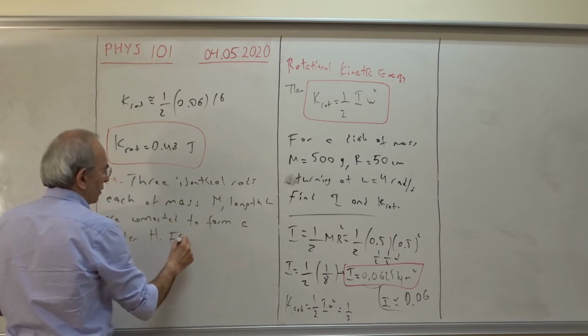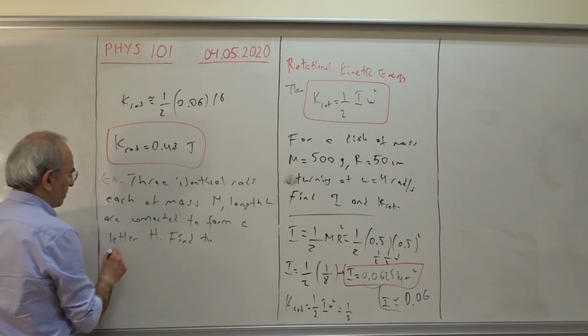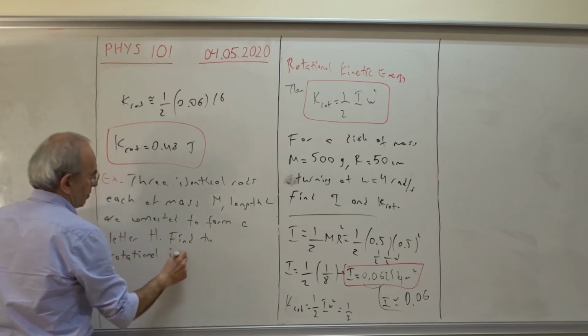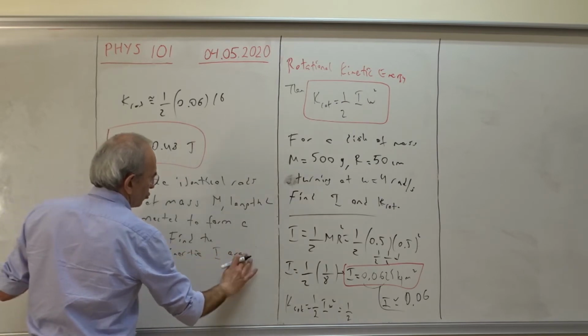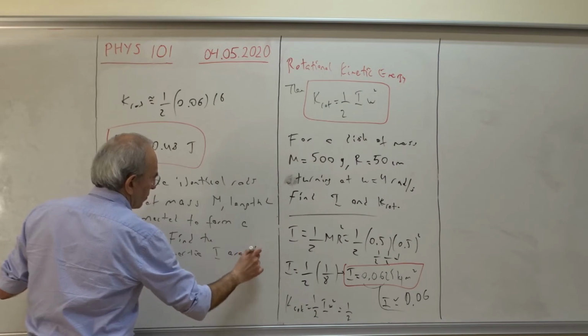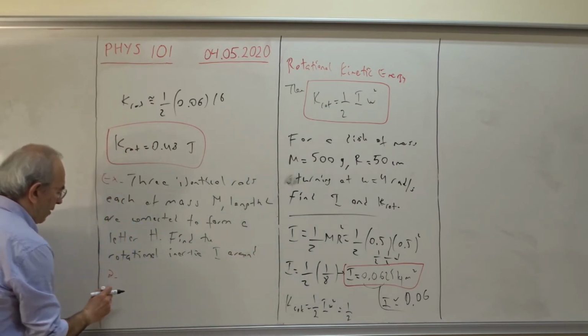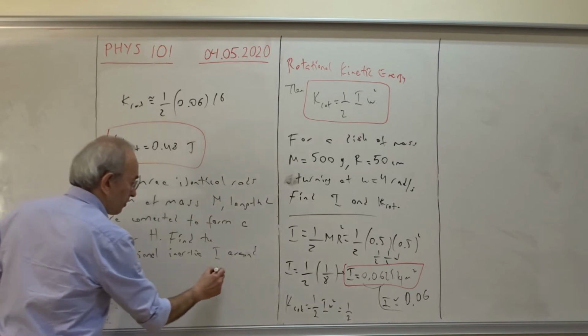Find the rotational inertia I around A, B, C, and D. So this is the shape.